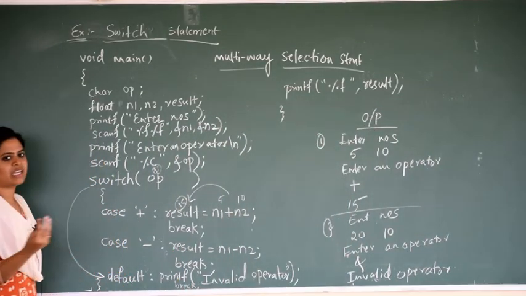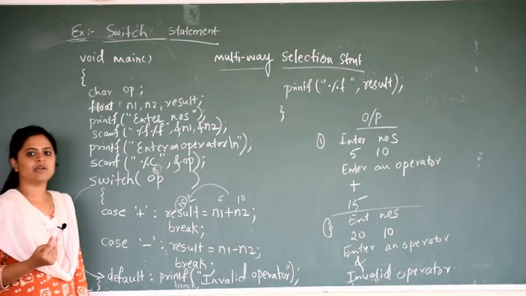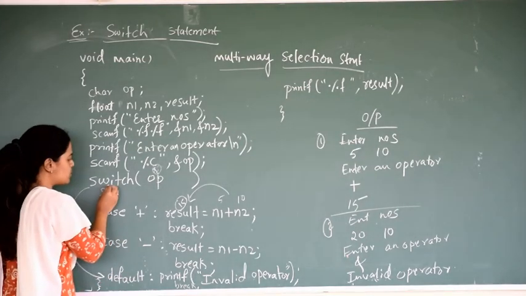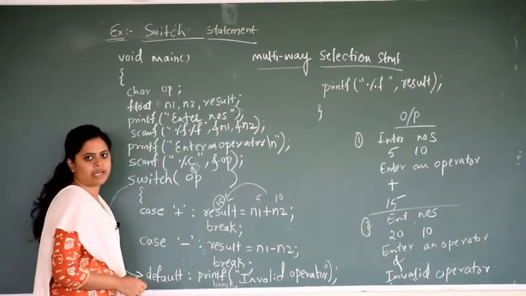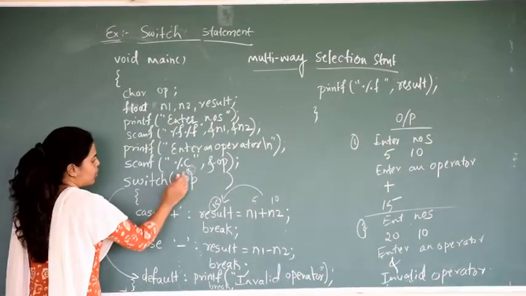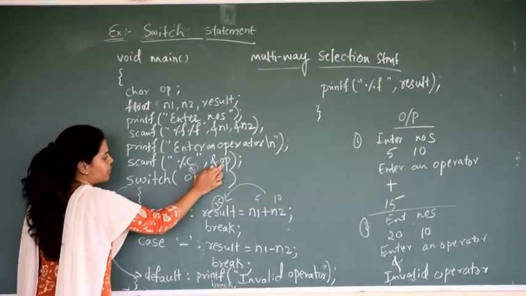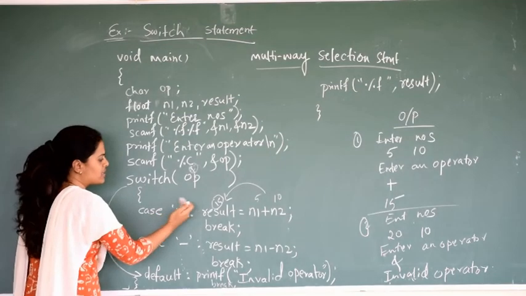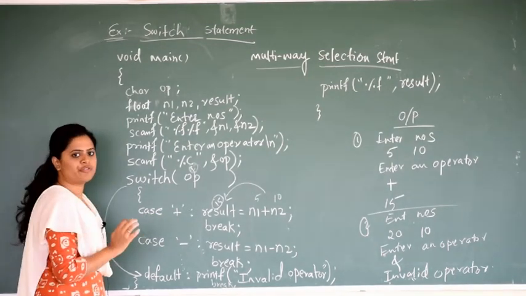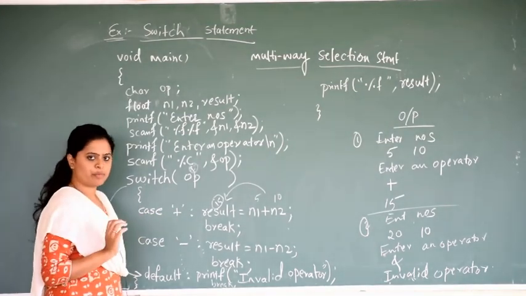There are three keywords you need to remember when you are dealing with the switch statement. One is the switch keyword, another is case, and the next one is break. If the operator is matching with whatever operator we are reading here, it will go to that particular block, execute that block of code and come out of the program.